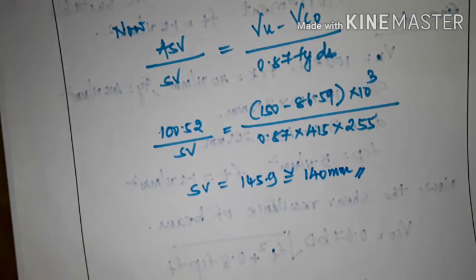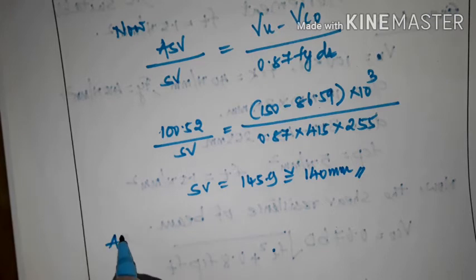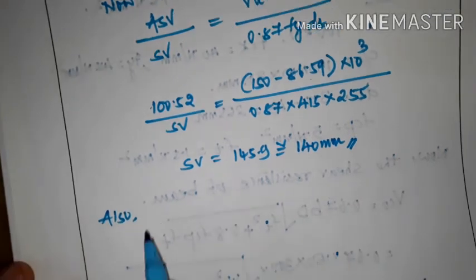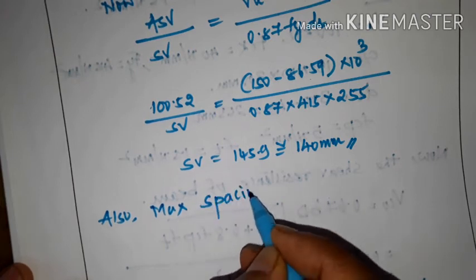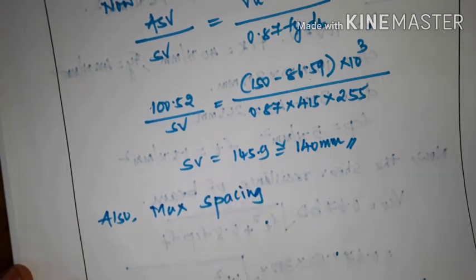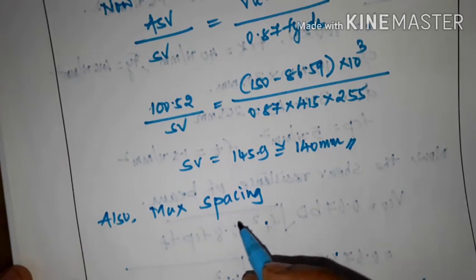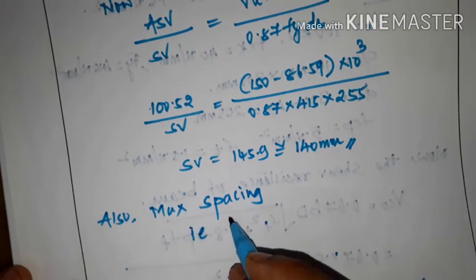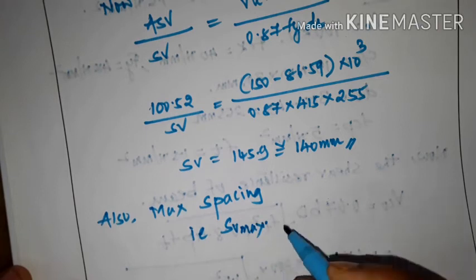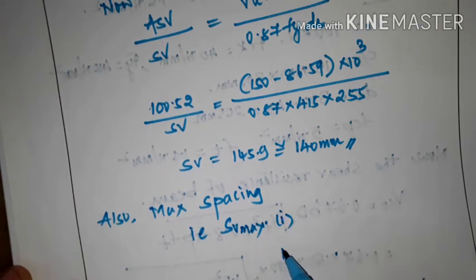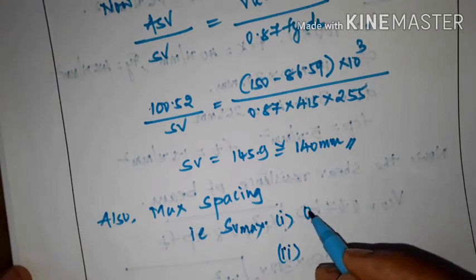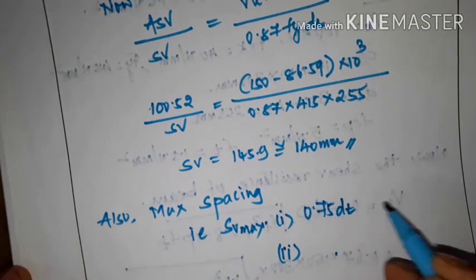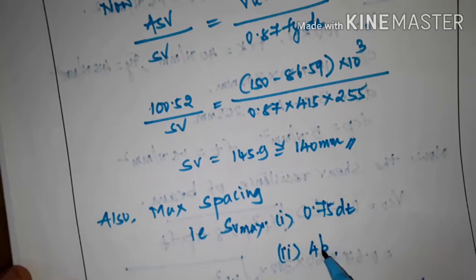Now the next step is we have to check for maximum spacing, that is SV max. First condition, second condition. First is 0.75 times dt and second is 4 times BW.